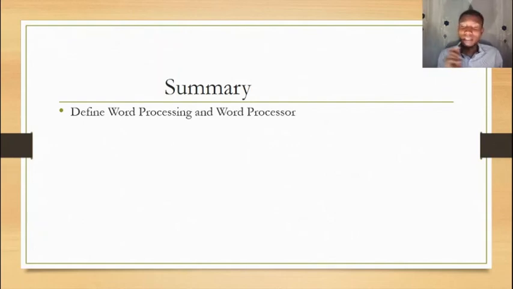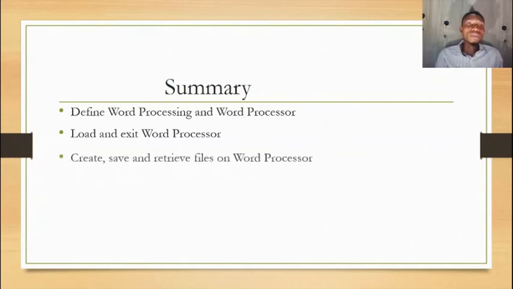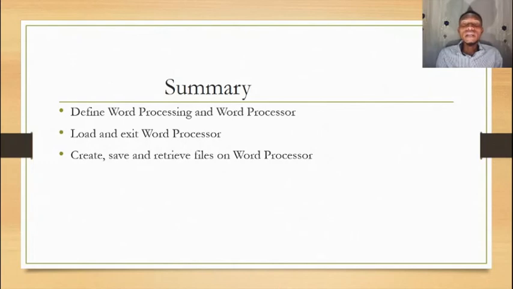Then next we talked about how to load and how to exit a word processor. Then finally we talked about how to create, how to save, how to retrieve files on the word processor.